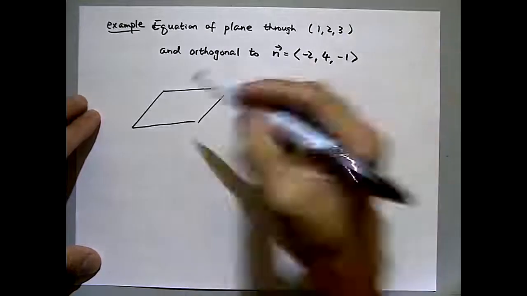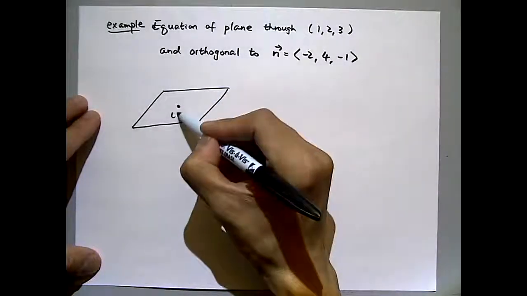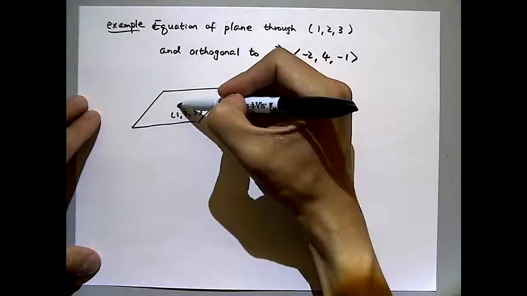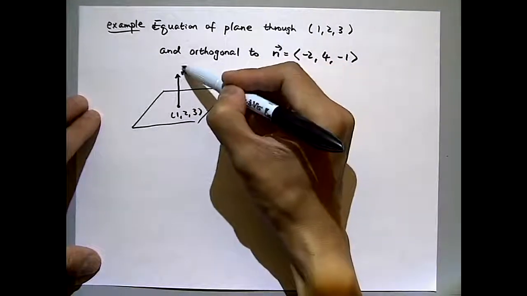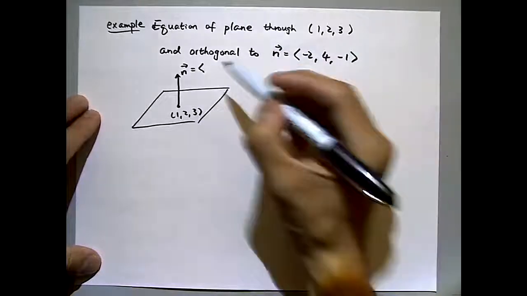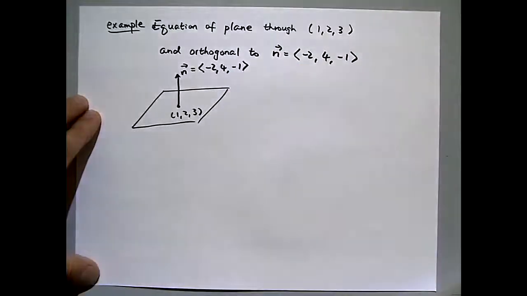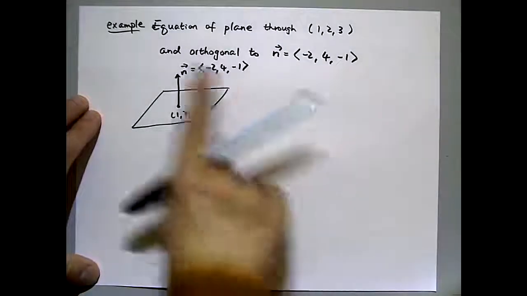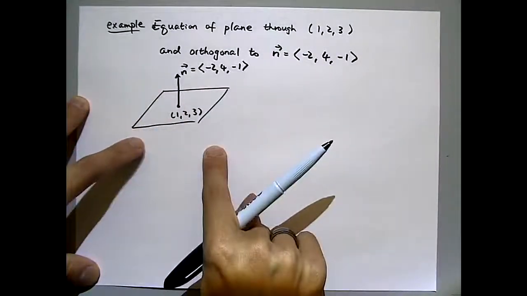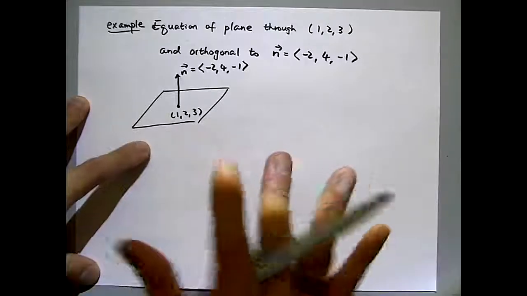Okay, so a very rough schematic here. This is what's going on. Here's the point, and from that point, I draw my vector minus 2, 4, minus 1. And that vector is going to be perpendicular to every other vector that's contained in that plane.